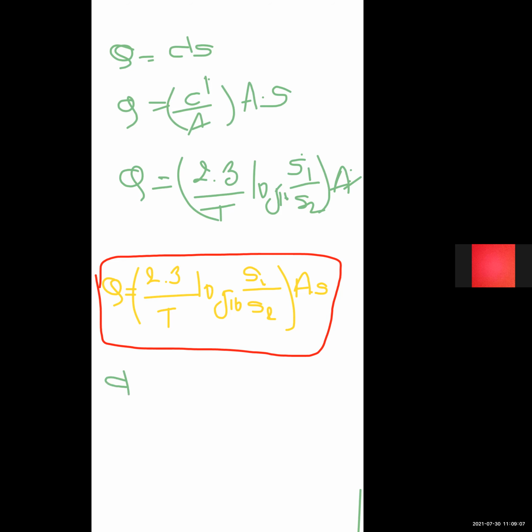For clay, this value is 0.25. For fine sand, 0.5. For coarse sand, this is 1.00.